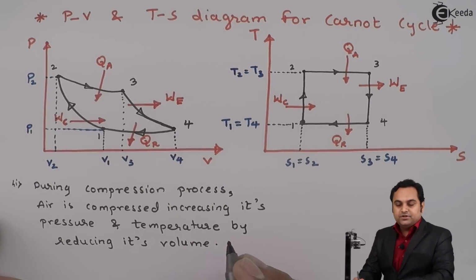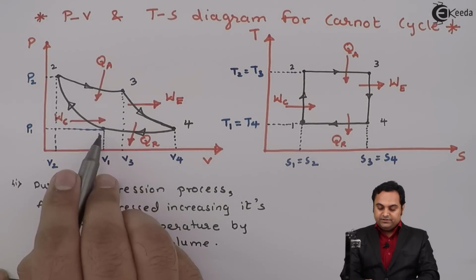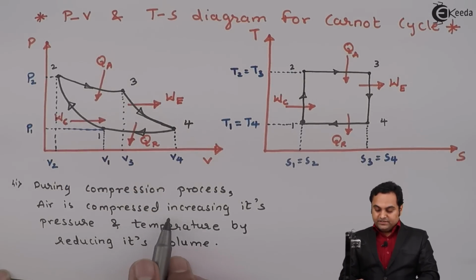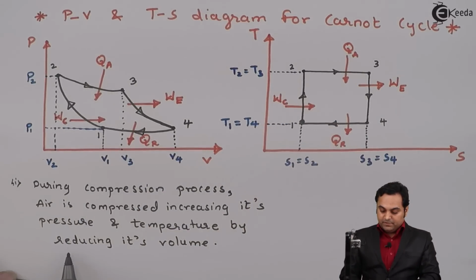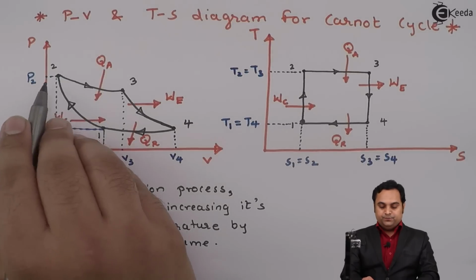So during the compression process, as we can see here in the diagram, air is compressed, increasing its pressure and temperature by reducing its volume.